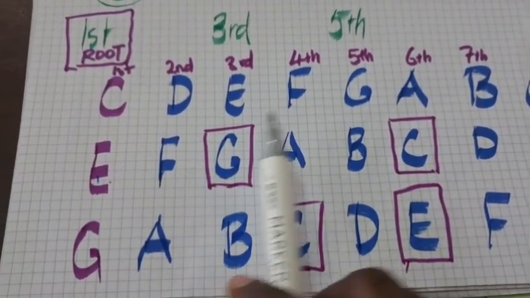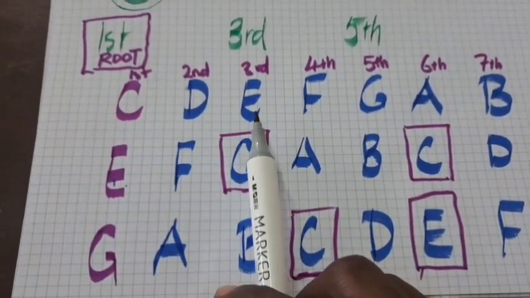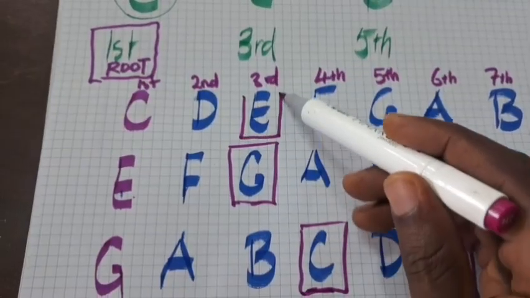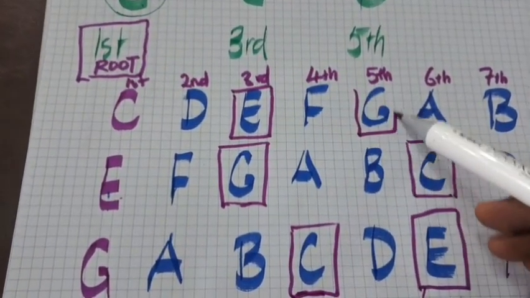As you can see, it changes position. So here it was first, third, and C, E, and G.